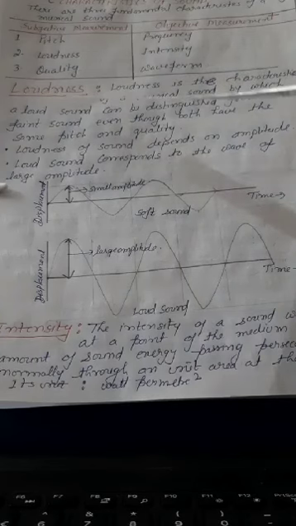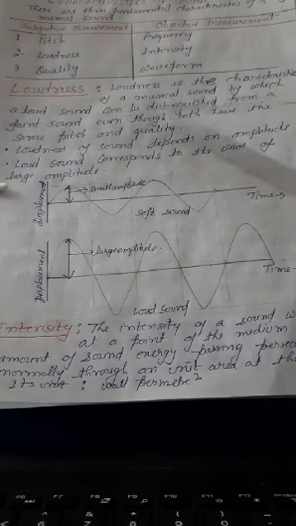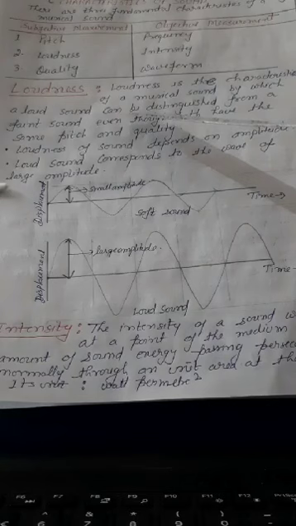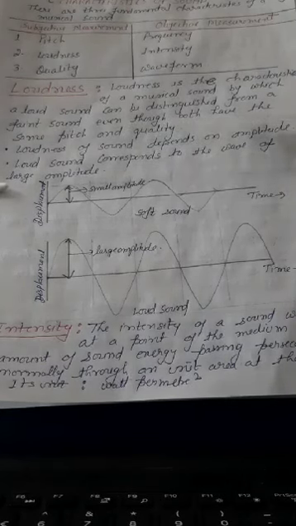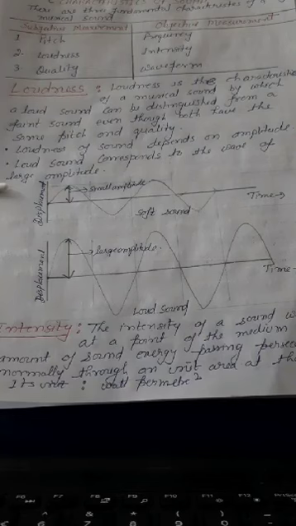What is loudness? Loudness is the characteristic of a musical sound by which a loud sound can be distinguished from a faint sound, even though both have the same pitch and quality. Now how can we distinguish?